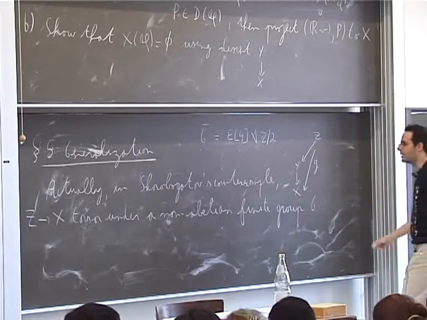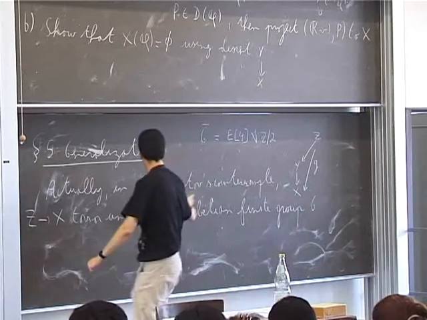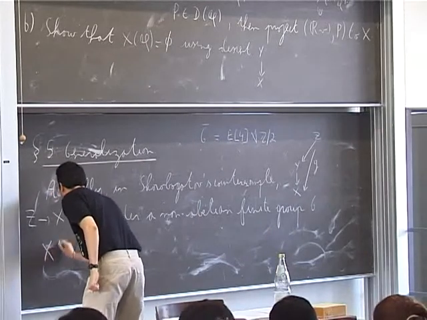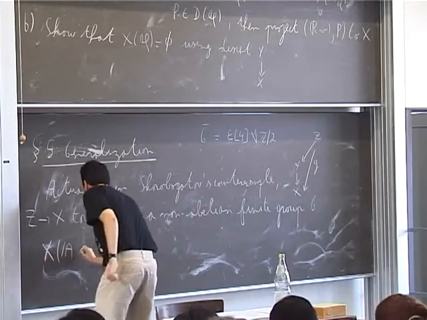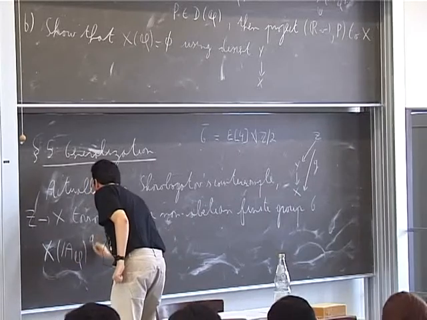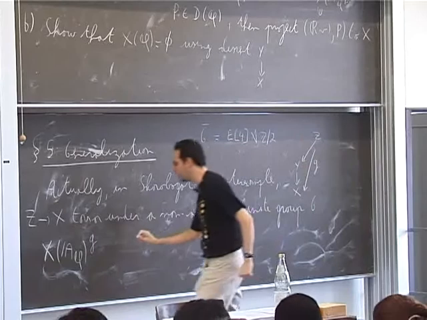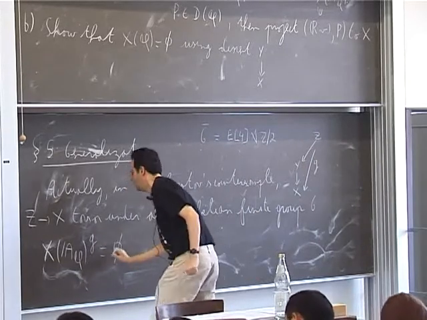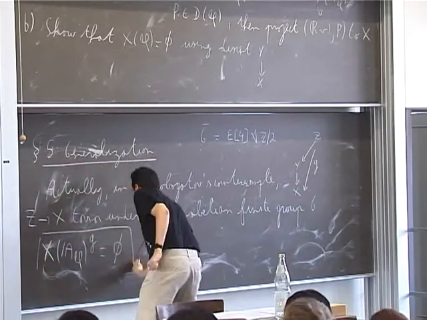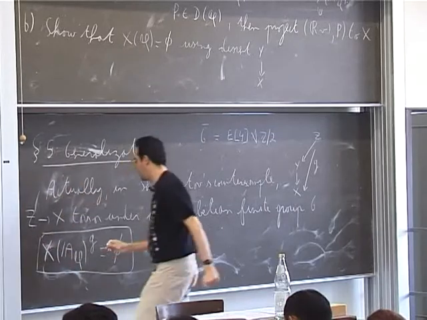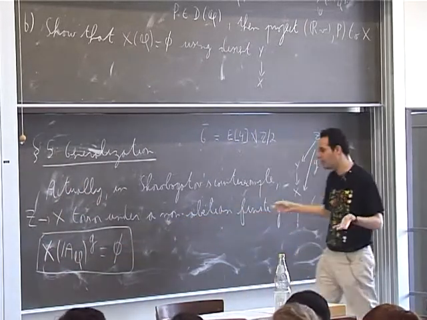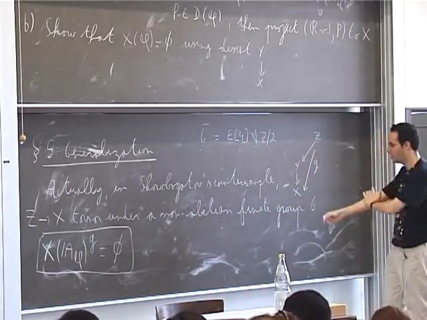And what happens is that in his counterexample, the descent set X(A_Q)^G for this G is empty. So what we have is a descent obstruction to the existence of rational points.